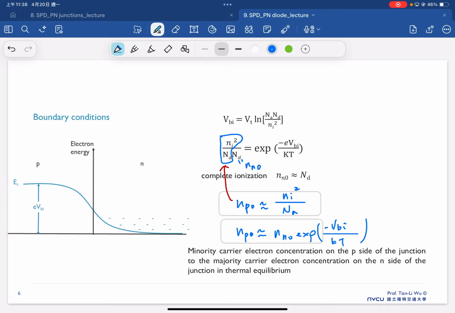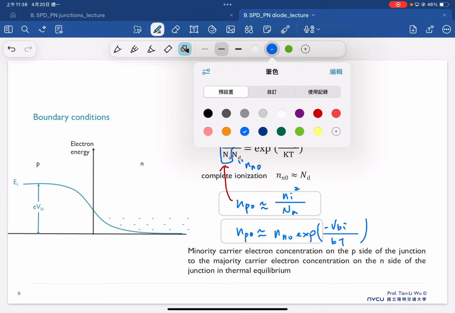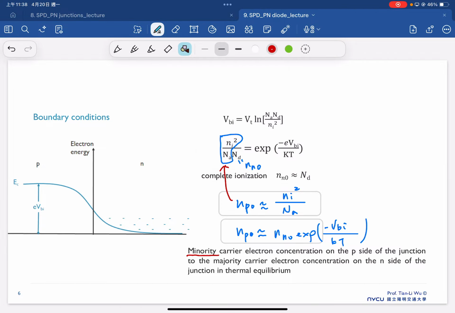What does this equation tell us? This tells us the relation between the minority carrier electron concentration on the P side and the majority carrier concentration on the other side. So we can use this equation to estimate the minority carrier concentration from the majority carrier concentration.